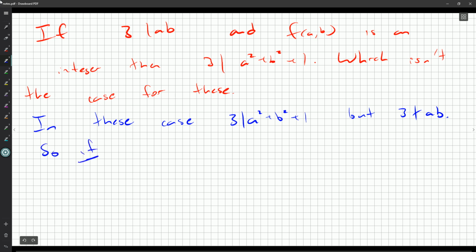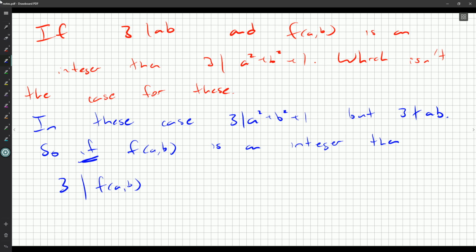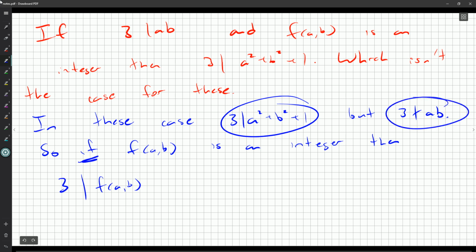So if, and we are told that, f(a,b) is an integer, then 3 divides f(a,b). Right? Because it divides the numerator, but we don't lose any factors of 3 when we divide out the denominator, so we are left with a factor of 3.